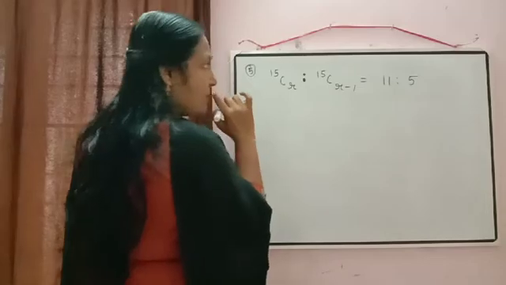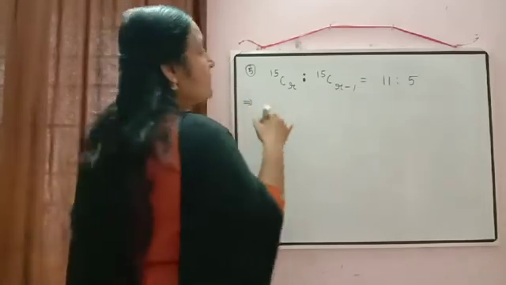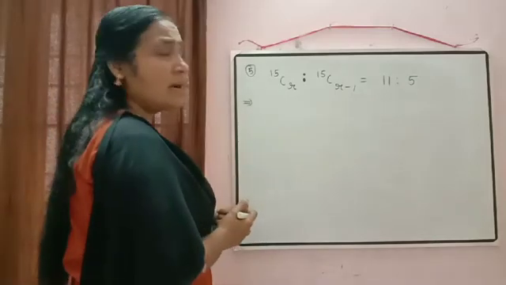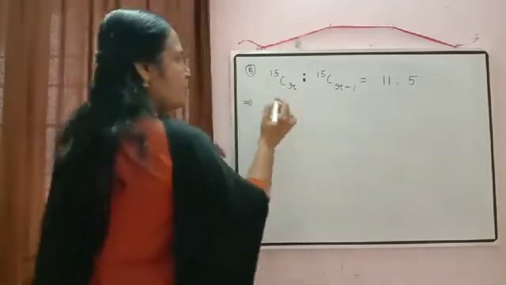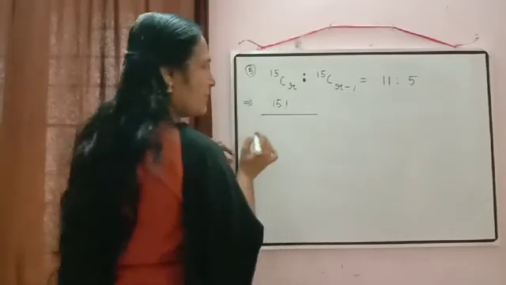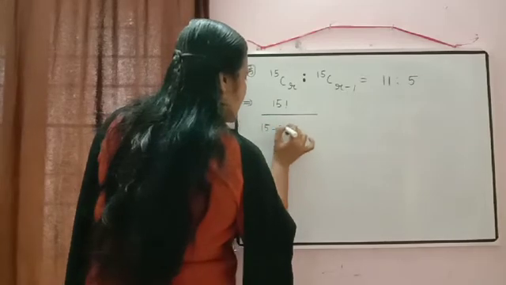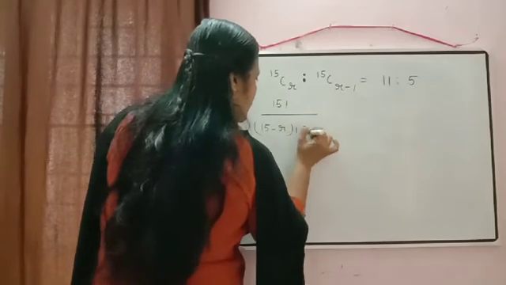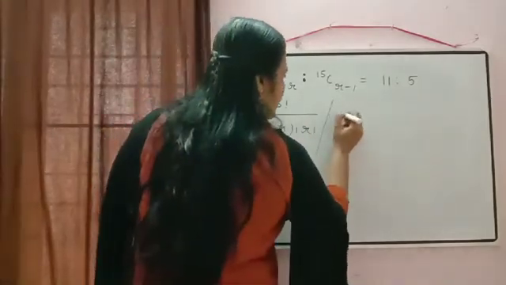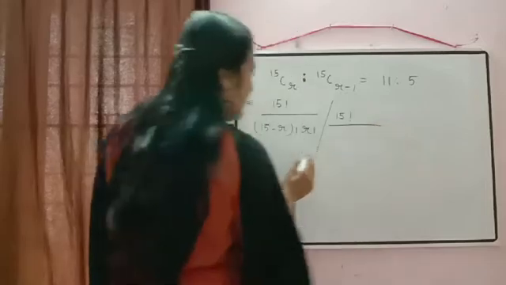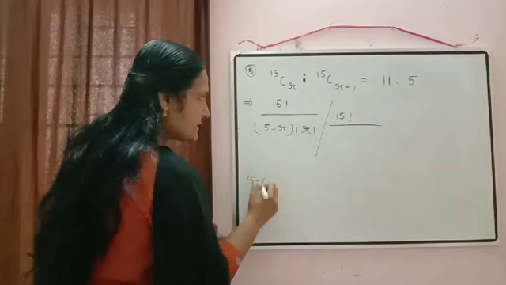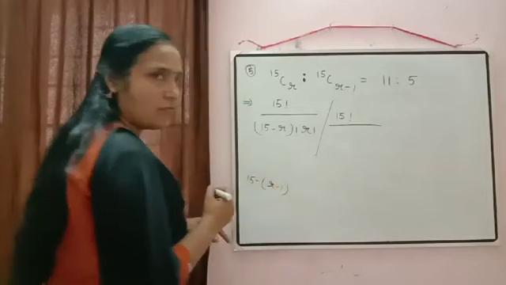15CR, according to the property, how we can rewrite this one? Now here, we don't know the value of this number, so we have to use the formula only. So 15CR according to the formula can be written as 15 factorial by (15 minus R) factorial into R factorial, divided by 15 factorial by 15 minus, inside the bracket, (R minus 1) factorial.